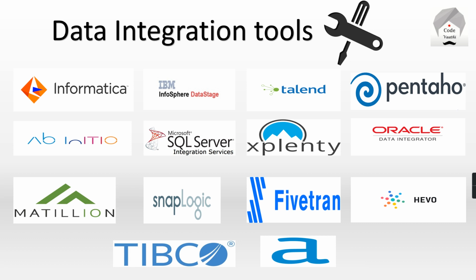Next is SnapLogic. It also provides an integration platform as a service, mainly for connecting to cloud data sources. Next is Fivetran. It is an ELT tool, and they provide ETL also.